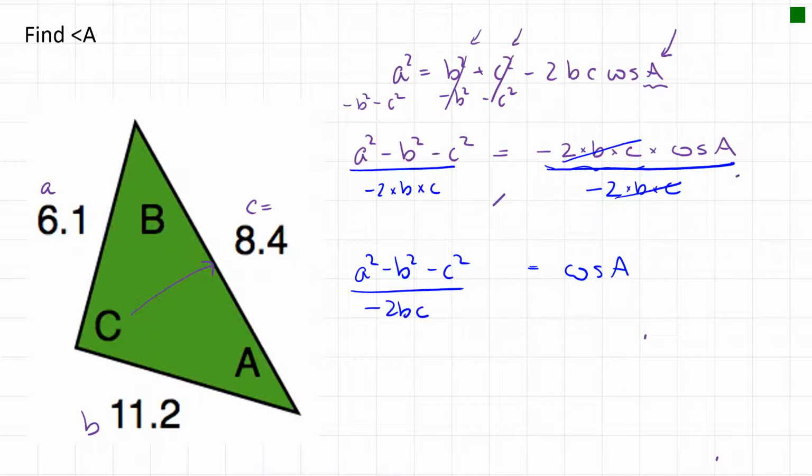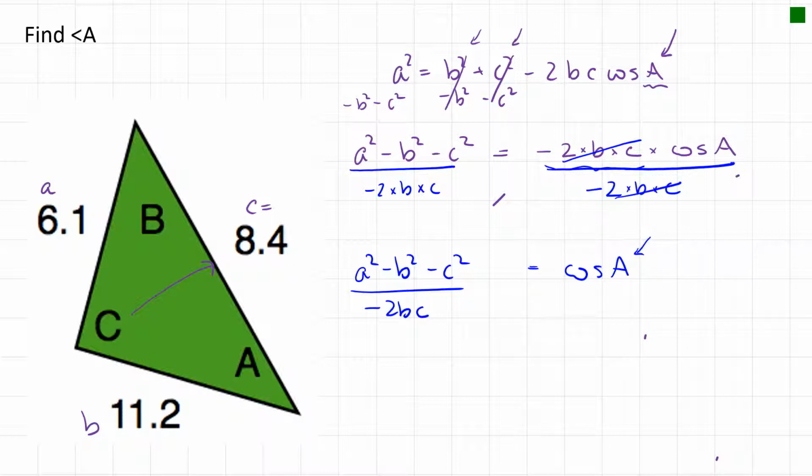The last step is you take the inverse cos, but I think at this stage it's good to plug in my numbers. We've got it pretty close to being capital A all by itself.